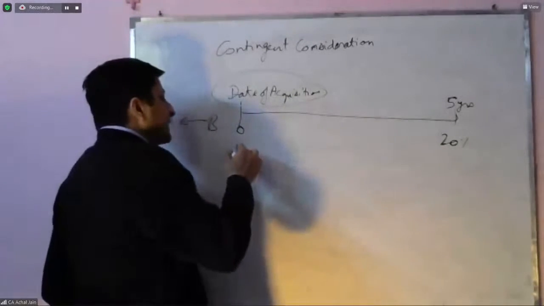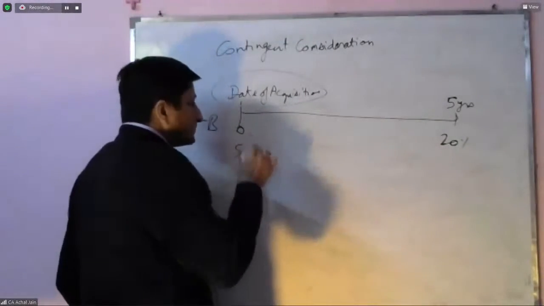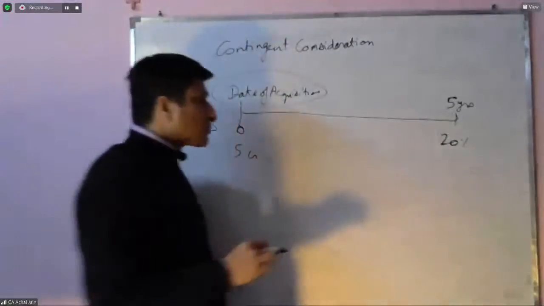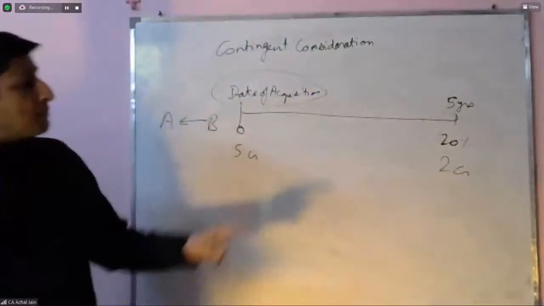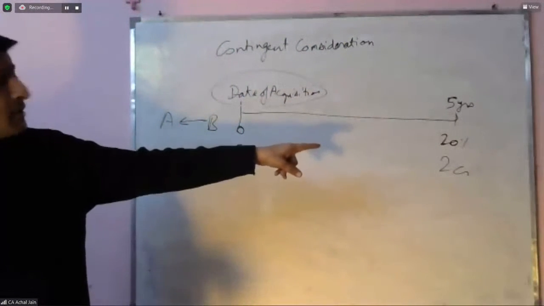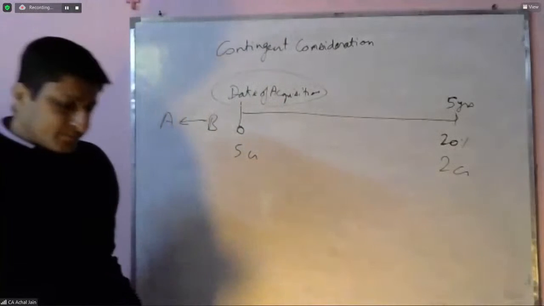So today the buyer is paying, let's suppose, 5 crore. The buyer is saying I'll pay 2 crores more, provided profitability of the company increases by 20% after the end of 5 years.